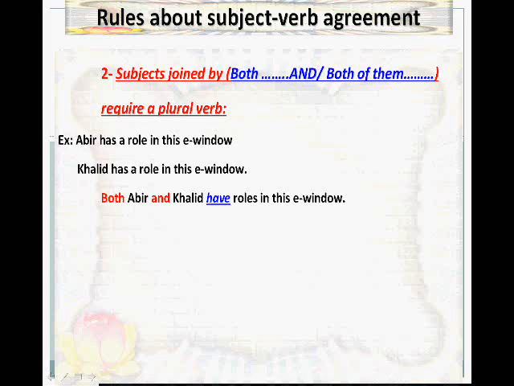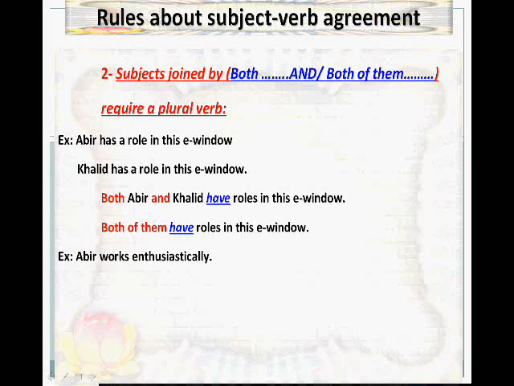So if I use both and, then I change the verb from has, singular case, into have, plural form. Also I can use both of them have roles in this e-window. So again, instead of both the subject and another subject, I can say both of them have roles in this e-window.